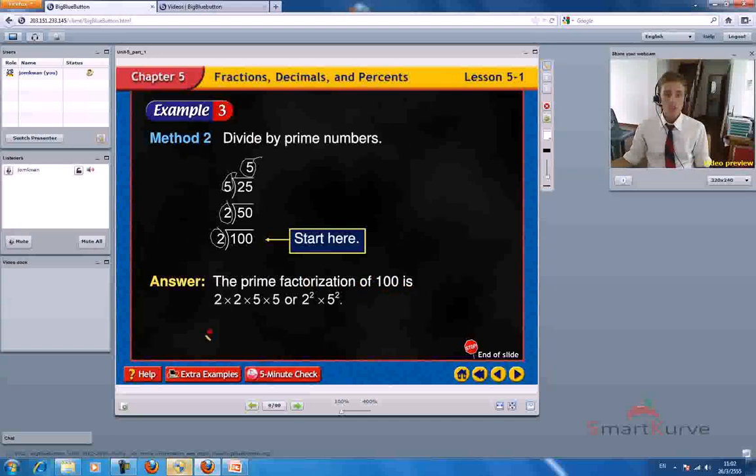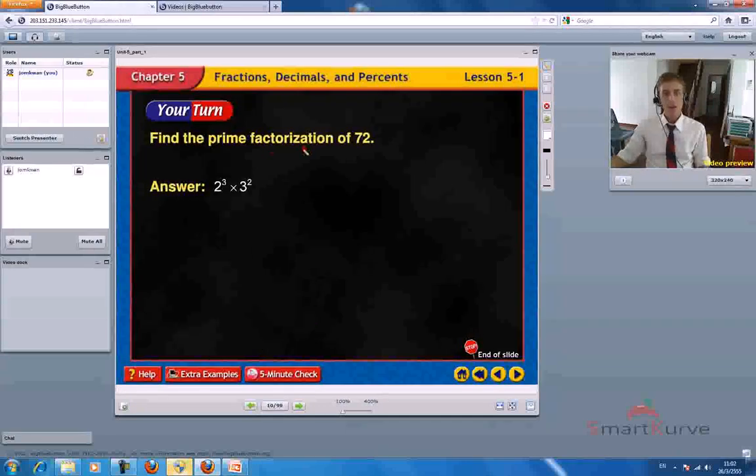So the prime factorization of 100 is 2 times 2 times 5 times 5, or 2 squared, there are 2 2's, times 5 squared. If you were to multiply this out, it equals 100. If you were to multiply this out, it would also equal 100.